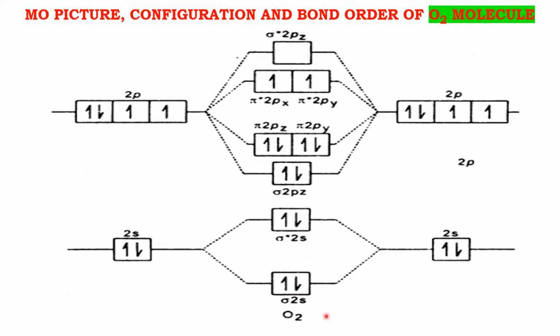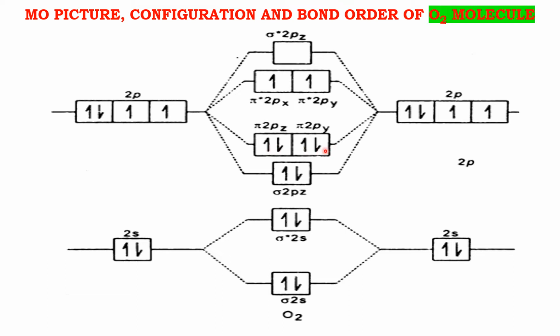See here, how these electrons enter the orbitals. 4 electrons enter the sigma 1s and sigma star 1s, which are beneath here. Then another 4 electrons enter sigma 2s and sigma star 2s. Now 2 electrons enter sigma 2pz, then 4 electrons in pi 2px and pi 2py.